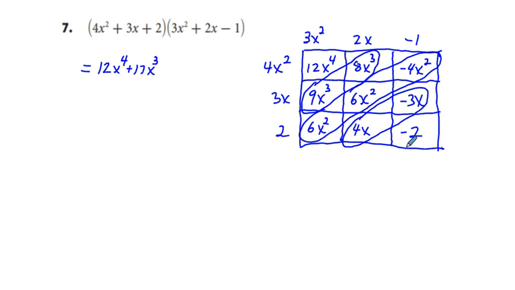We can get some negatives possibly, but we don't have them yet. Okay, now we have 6x squared plus 6x squared minus 4x squared. So 6 plus 6 is 12. 12 minus 4 is 8. We have plus 8x squared. And then we have the x terms, 4x minus 3x would be plus x. And the last thing we have is the number, which is minus 2. And so there we have number 7.